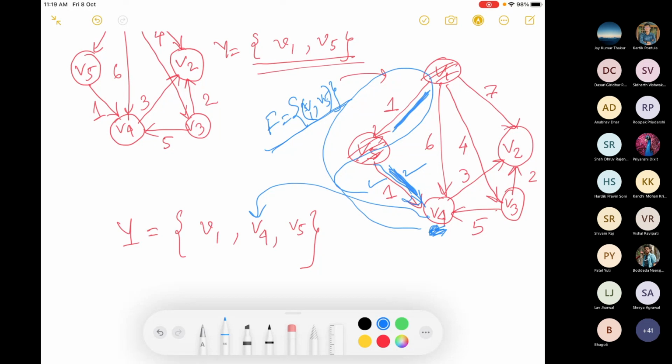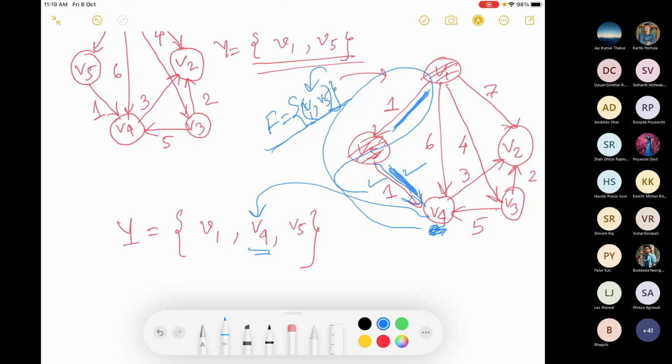We are only talking of touching. So V4 is the vertex being included in Y. If I consider V1, V5 to be the already included edge in F, then I look for which vertex among these is connected to V4 with the minimum edge weight.